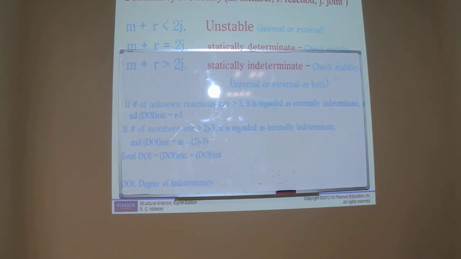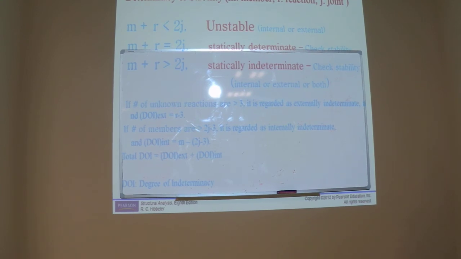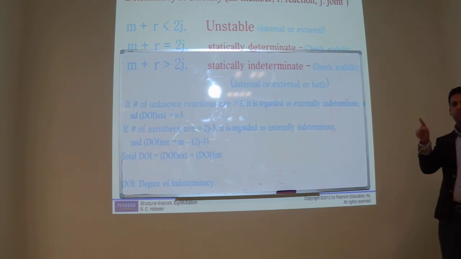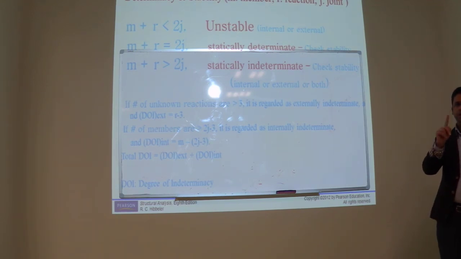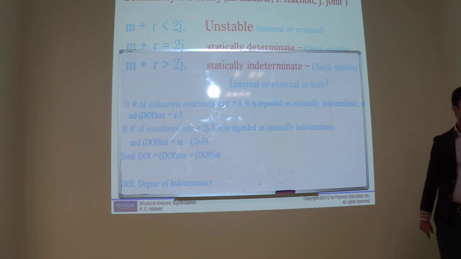For beams and flexural members we have 3J, but for trusses we have 2J. Why? Because for truss members we have either X or Y, but for beam and frame members we have X, Y and Z: moment, Fx and Fy. Do you understand?